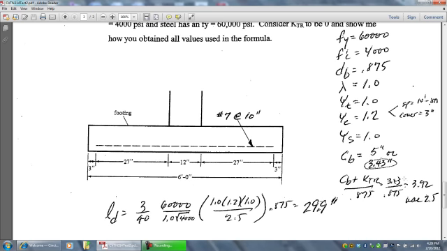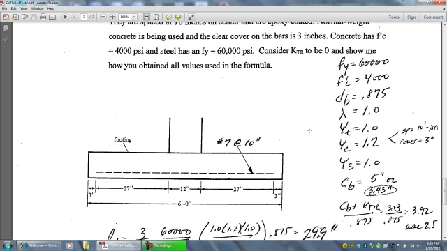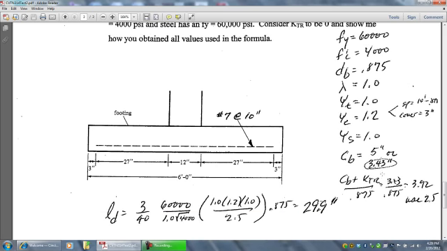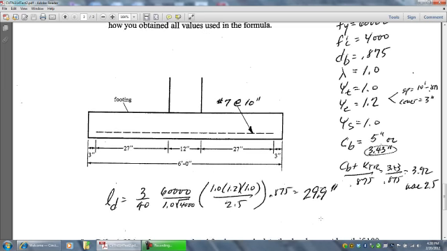The C sub B, again, is 1/2 the center to center distance, or in this case the clear cover is 3 inches, so that's really not to the center of the bar, so it's 3.43. Really doesn't make much of a difference when you see CB plus KTR divided by that, because any way you cut it, it's going to be greater than 2.5, so you're going to use 2.5. So you run through the development length formula and you come up to just under 30 inches of length.